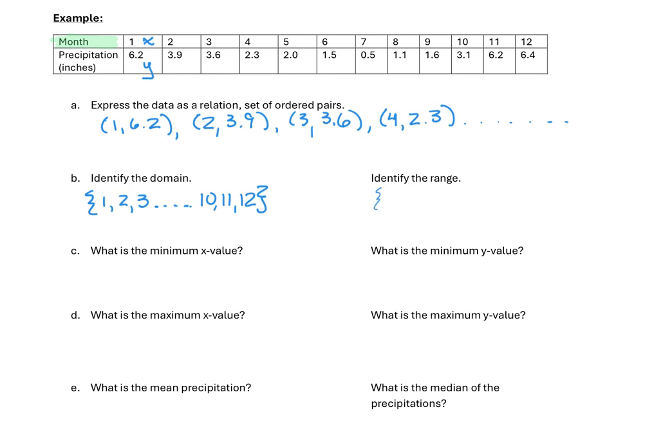So for here, it looks like my smallest is 0.5. We have 1.1, 1.5 and 1.6. We have 2.0 and 2.3.